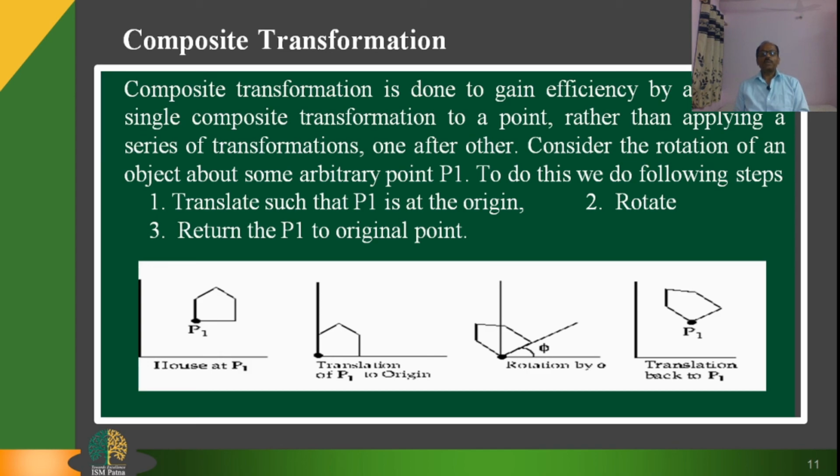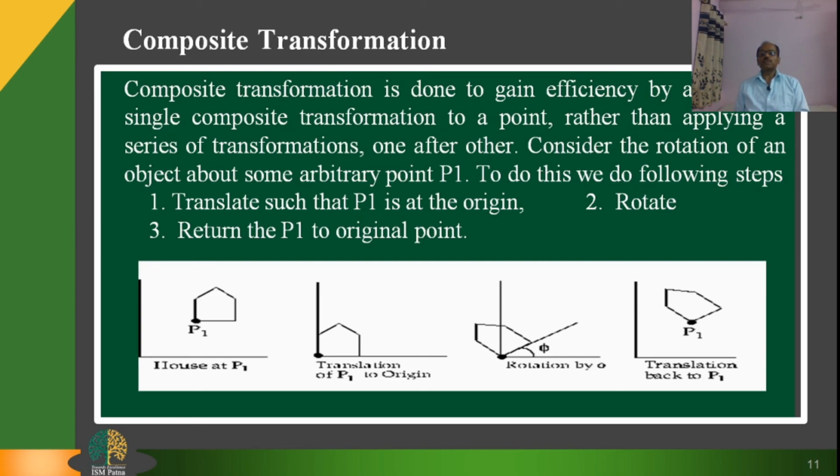Composite transformation is done to gain efficiency by applying a simple composite transformation to a point rather than applying a series of transformations one after another, as we have just seen that to rotate an object, we use some matrix, whereas to transform from one location to another, we use another matrix.